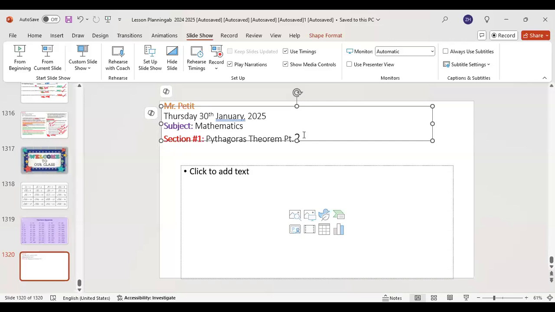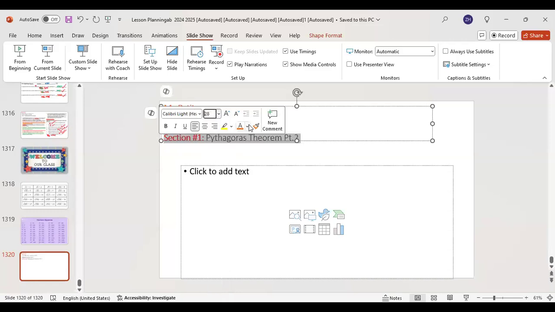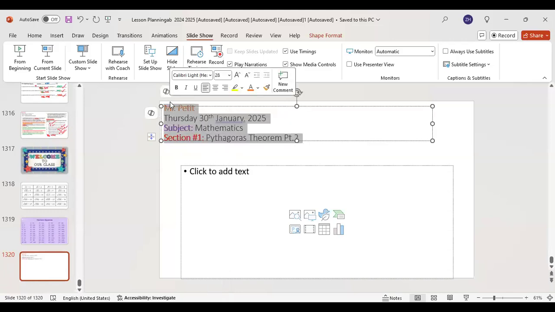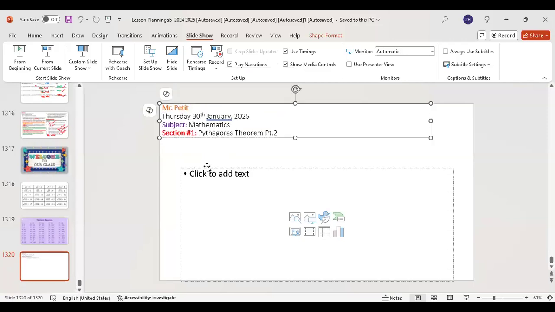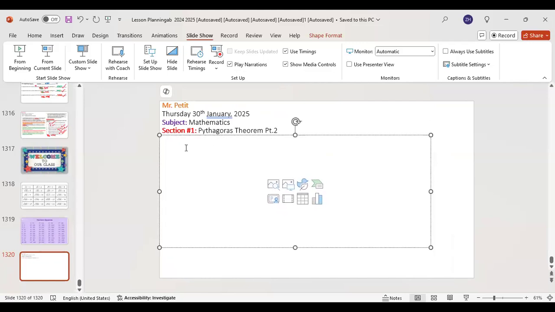Okay, so let me make this smaller. So let's go ahead and do a question for Pythagoras theorem. So we're gonna say, in each case, find the length of the missing side.